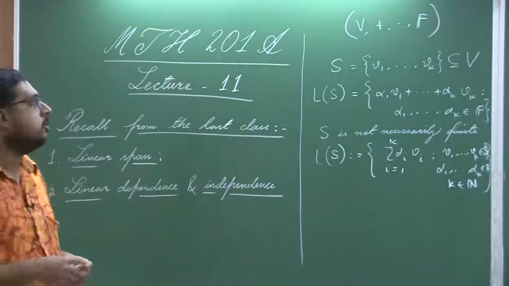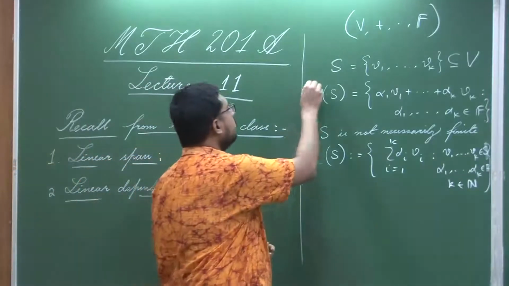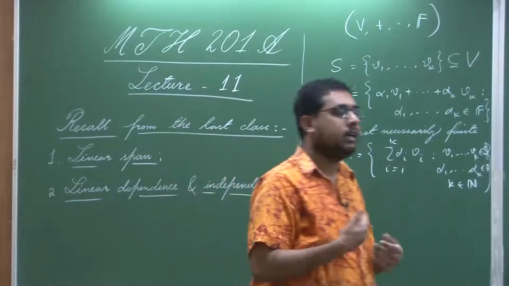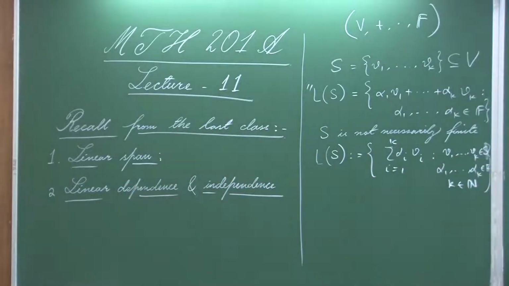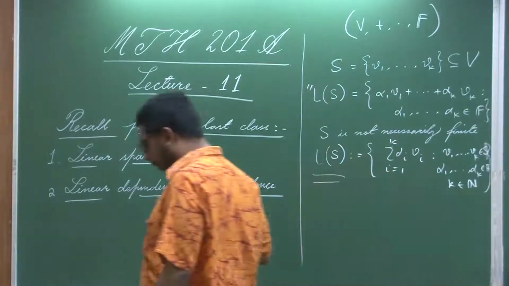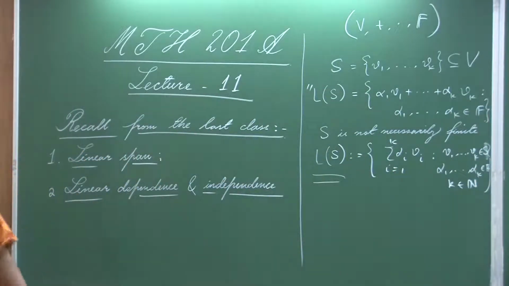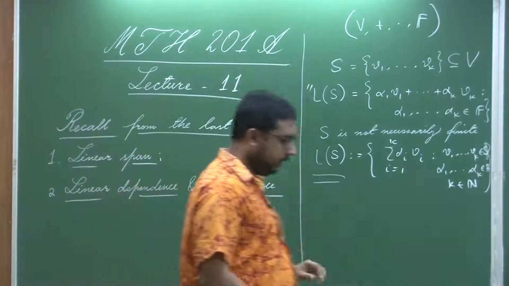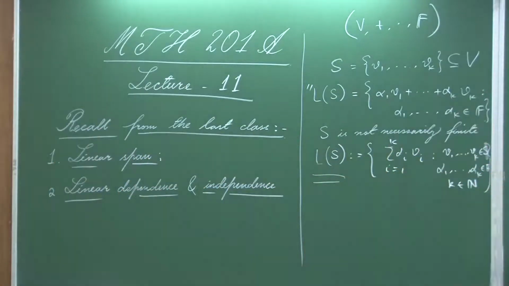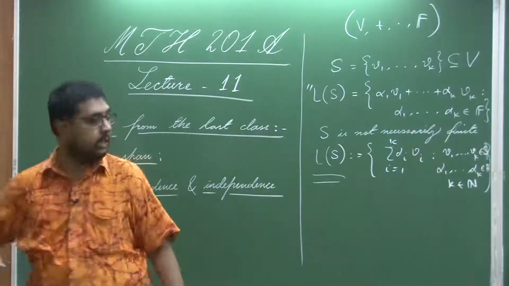So, this is going to be more relevant to our context. Of course, we will see the subspaces generated by infinite sets too, but as I said, more often this is what we will be dealing with.